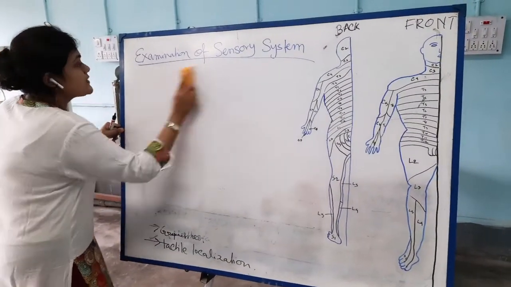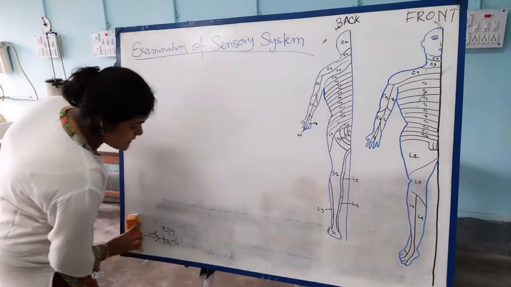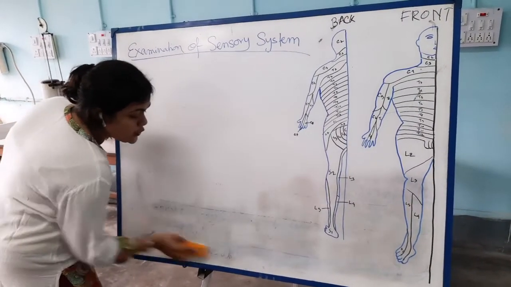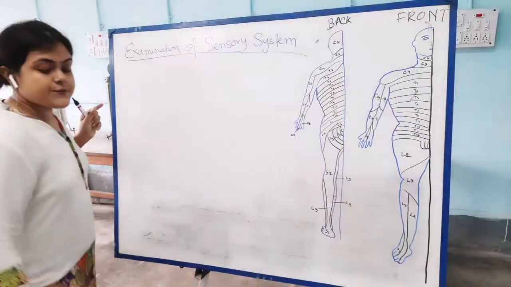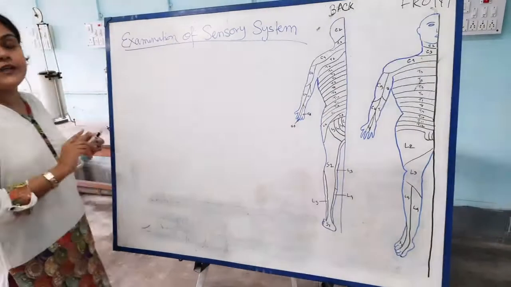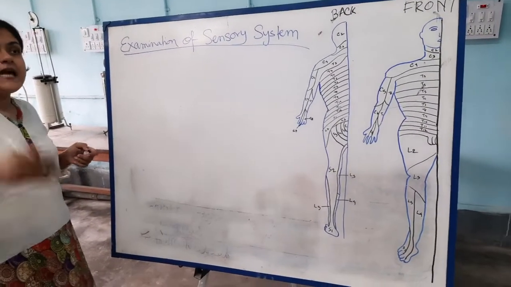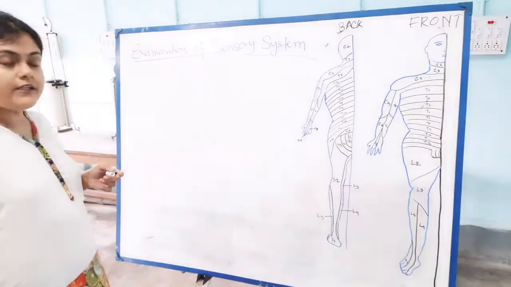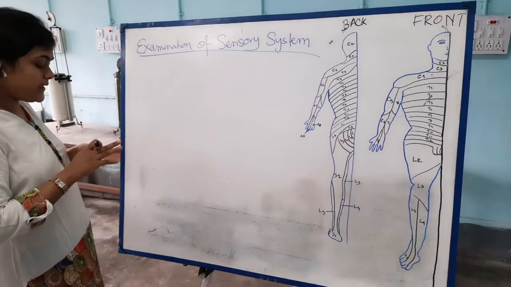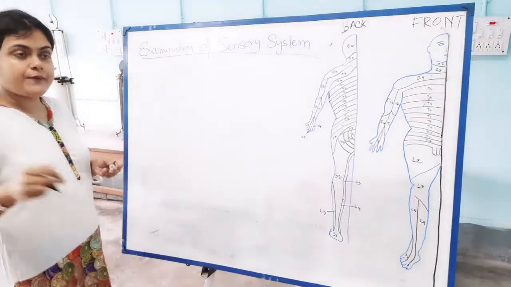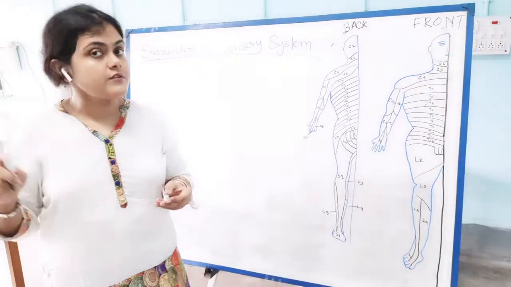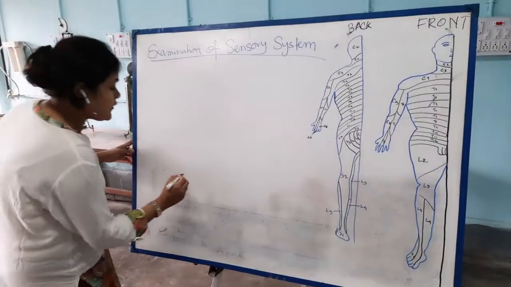So dorsal column pathway, as its name suggests, the fibers ascend through the posterior column of the spinal cord, and in the anterolateral system, the fibers ascend via either anterior or lateral quadrant of the spinal cord. And these two types of pathways consist of first order neuron, second order neuron and third order neuron.